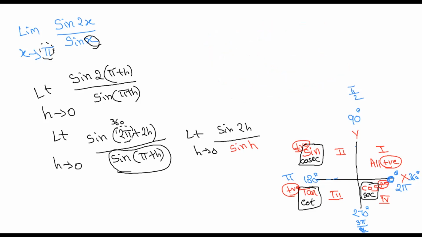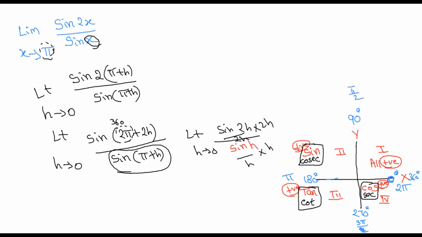Now you can use this formula, sine of 2h by 2h into h by sine h.